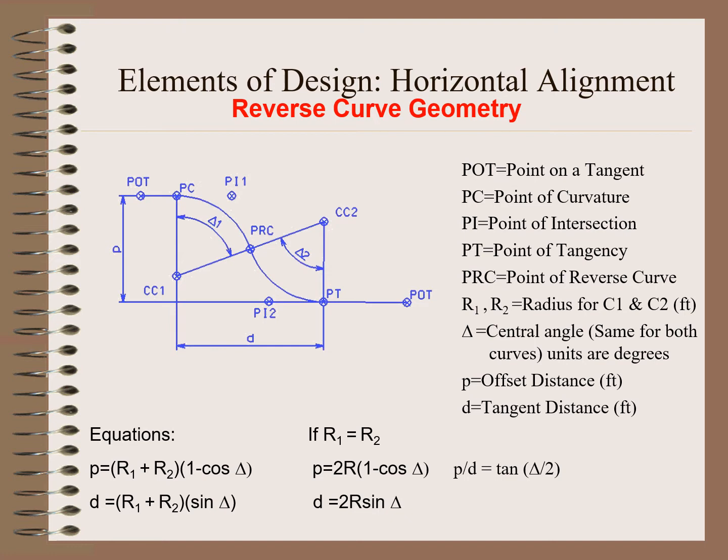Typically, we design these reverse curves in such a way that they're both the same curve geometry, so the same radius and the same delta angles, or central angles. You can use the different formulas shown below to find the different unknowns, so the offset distance and the tangent distance for the reverse curve geometry.